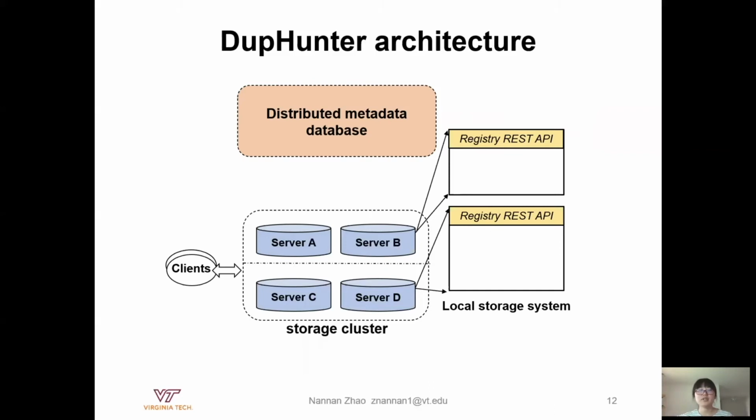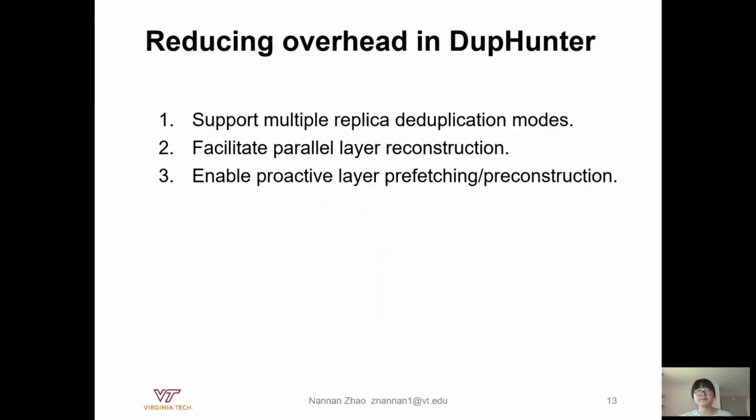The deduplication metadata is stored in the database. We use 3 techniques to reduce deduplication and restoring overhead in DupHunter, namely replica deduplication modes, parallel layer reconstruction, and proactive layer prefetching and preconstruction.